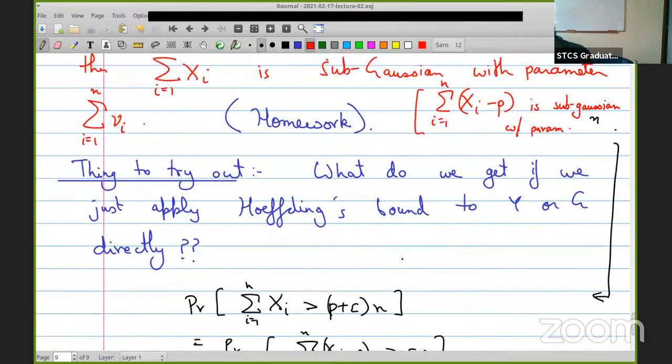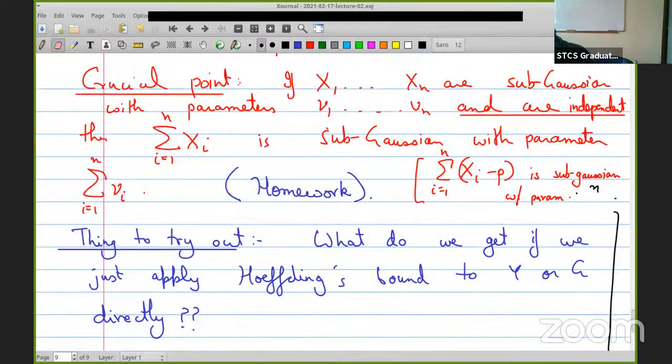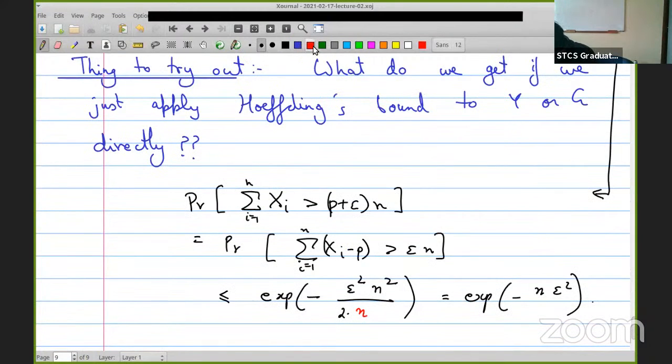Wait, what am I doing? Sorry, I went the wrong way. This would be n squared by 4, and this would be n by 4, and this would be n by 4, and this would be 2n squared. This factor doesn't matter so much. The point is that it's again the epsilon squared here, which is a relative deviation, and n.